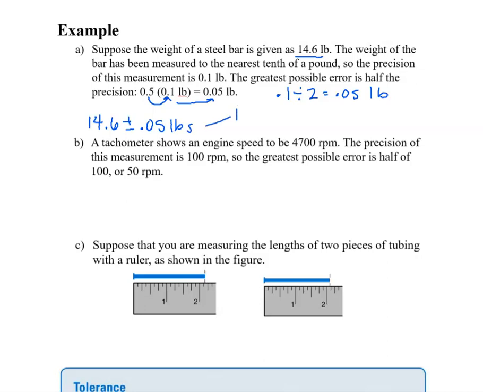And what that means is, when you do 14.6 and you consider the plus part, that's going to give you 14.65 pounds. When you consider the subtraction part, 14.6 minus 0.05, you're going to get 14.55 pounds.